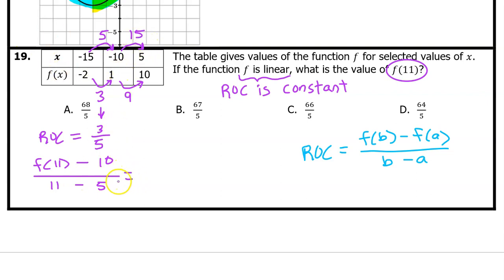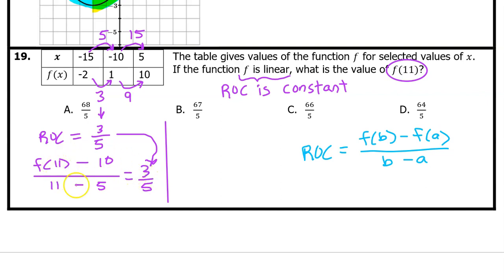But we know that the rate of change is 3/5. We just found it. So we can go ahead and put the rate of change right here. So this fraction should give us 3/5. The only unknown in this whole expression is f at 11.